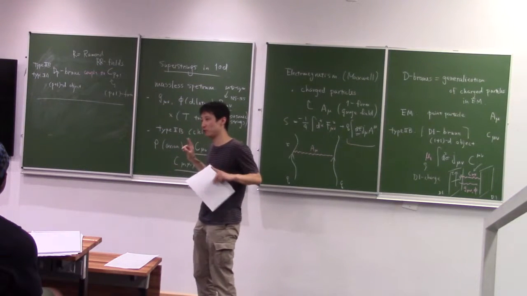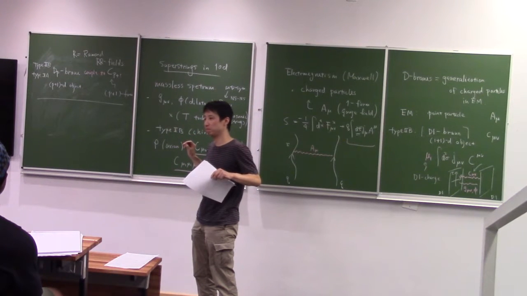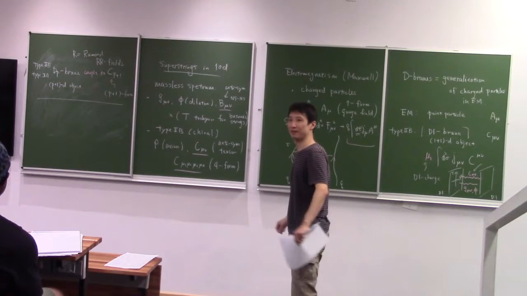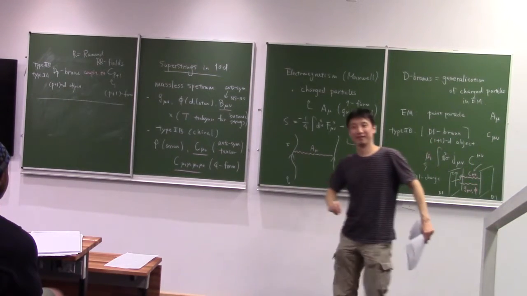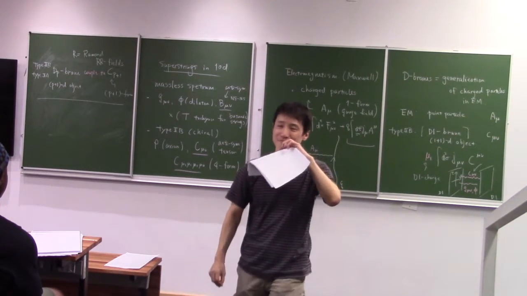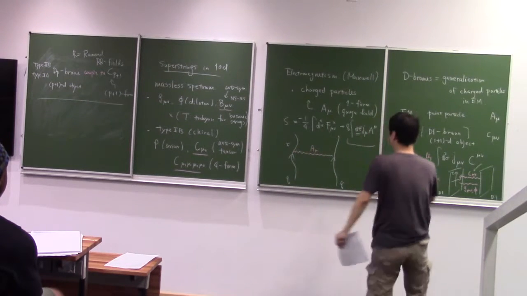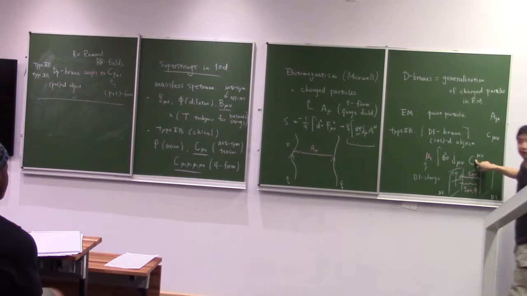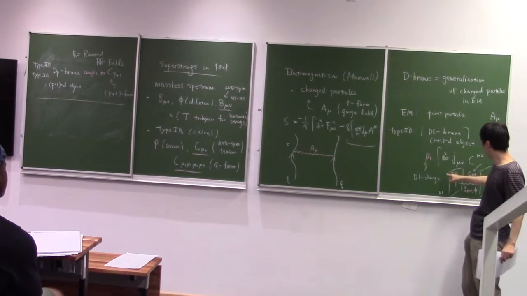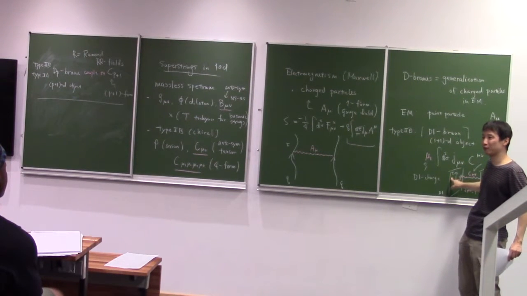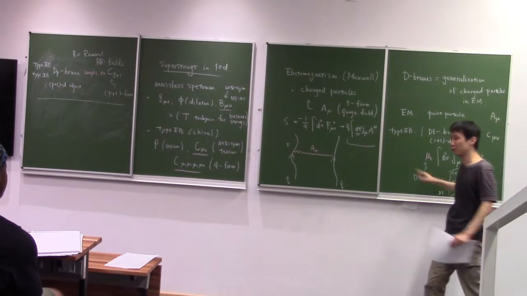And the dimension of that object has to be... Okay, so it's a two-form, yes? And B mu nu is also a two-form. And then the dimension of this object should be? Yeah, 1 plus 1.